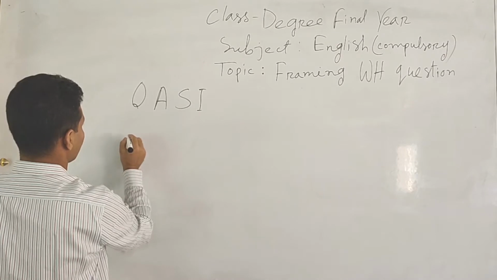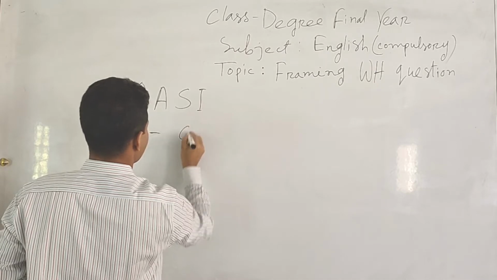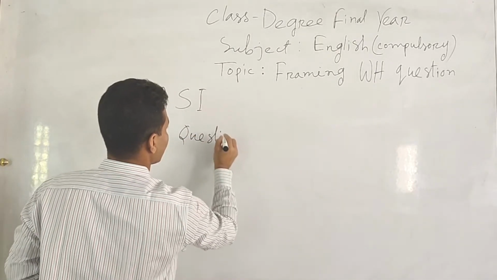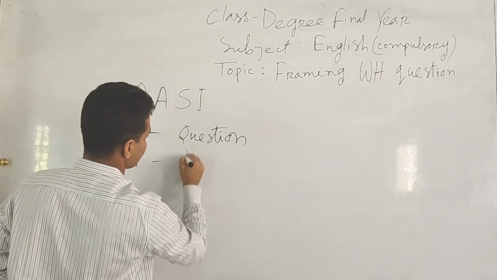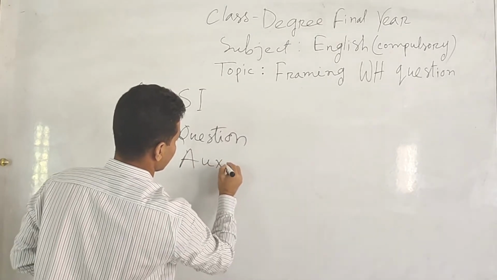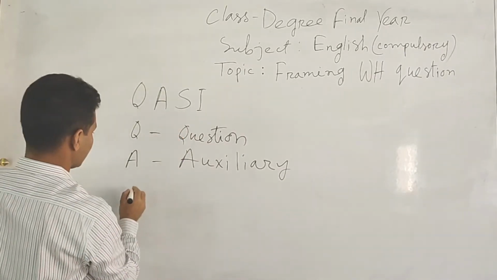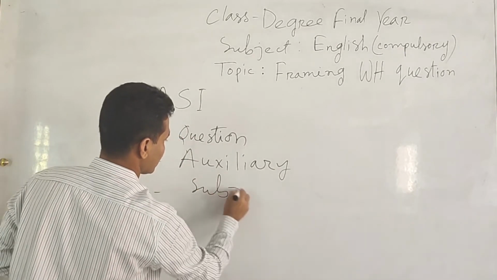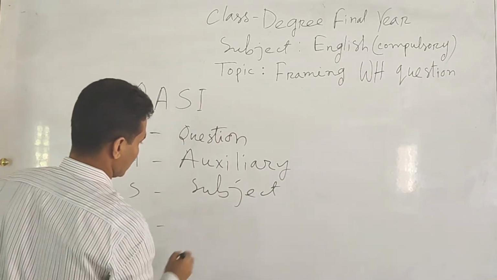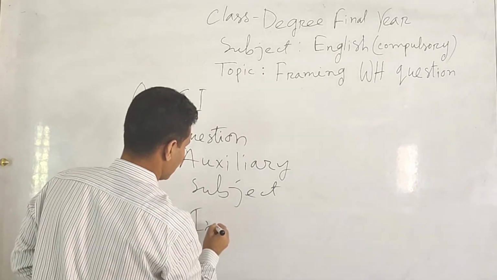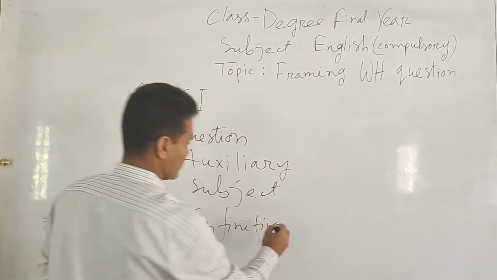Q means question. A means auxiliary verb. S means subject, and I means infinitive without to.